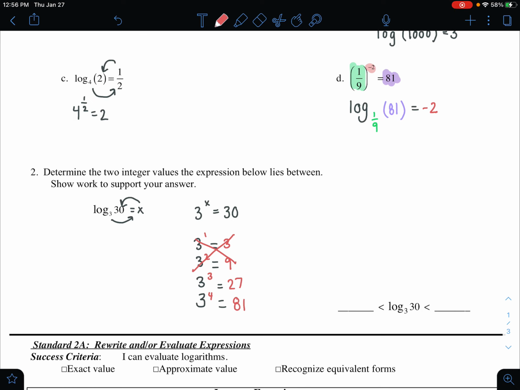So if it's between these two values, log base 3 of 30 is going to be greater than 3, but less than 4. So that's how we would do that type of problem.